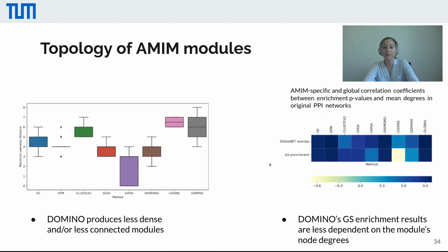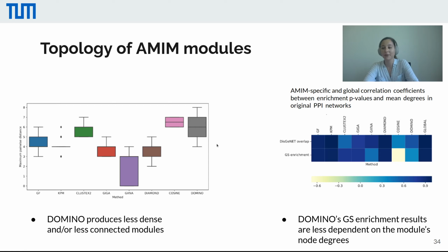First, we wanted to assess the topology of the produced methods and see how the genes are distributed in the original PPI network. We see that Domino has the highest inter-gene distance in the produced models. This is probably due to the fact that Domino does not try to connect all gene models into one, and thus avoids hub nodes.